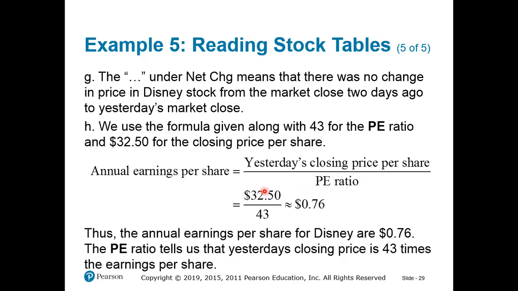Okay, and so we take 32.50 divided by 43, and the annual earnings per share is about 76 cents. Okay, thus the annual earnings per share is 76 cents. So the PE ratio tells us that yesterday's closing price is 43 times the earnings per share, which is not bad.